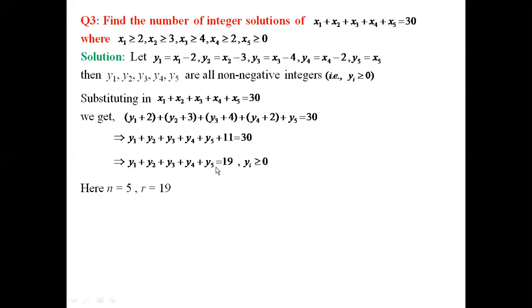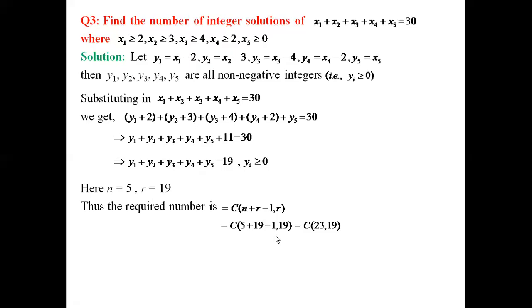So taking n equal to 5 and r equal to 19, this is of the form x1 plus x2 plus x3 etc. up to xn is equal to r. So the r value is 19 and the n value, the last suffix, is 5. So the required number will be C of n plus r minus 1 comma r.